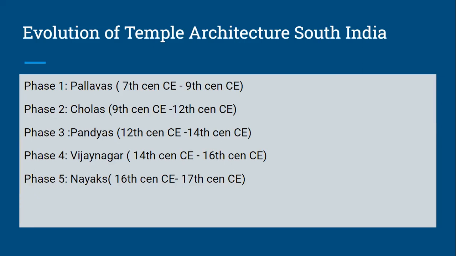Similarly, there can be a separate question on Chola temple architecture and a separate one on Vijayanagar temple architecture. So out of these 5 phases, one question can be a single question, and second, you can expect separate questions on Pallavas, Cholas and Vijayanagar. So we are going to study these 3 in a detailed manner.